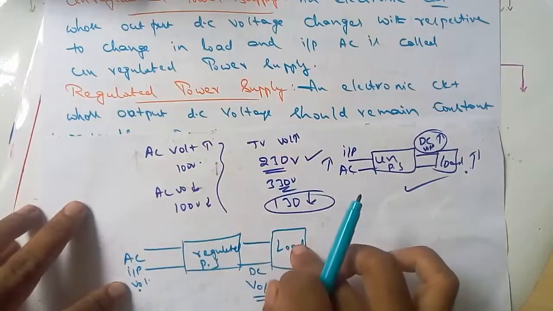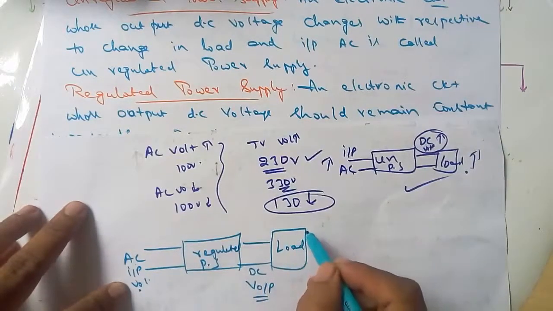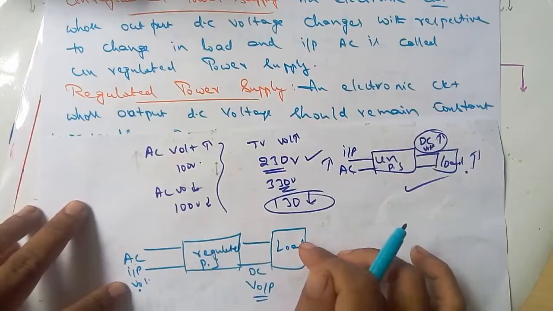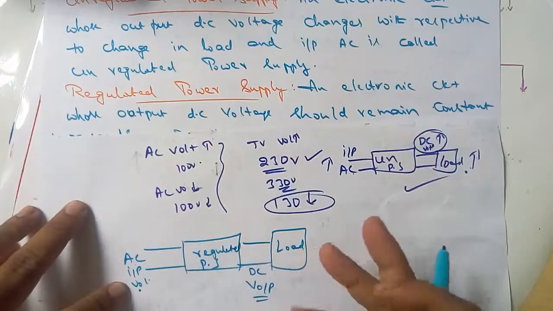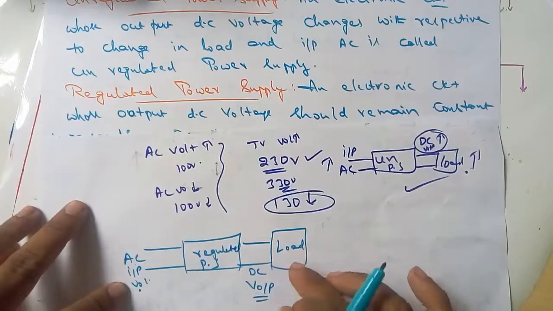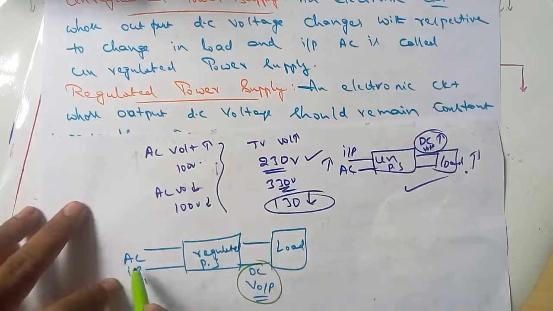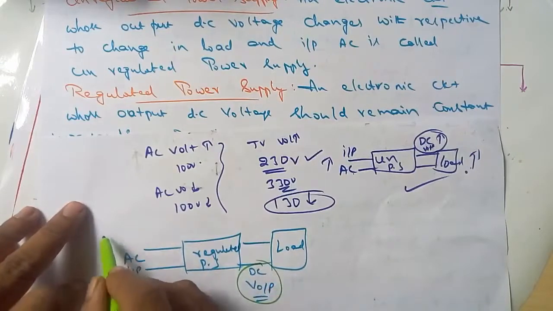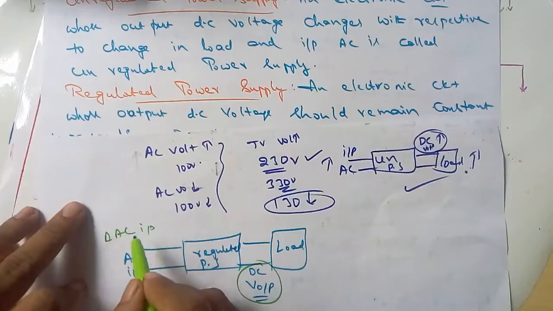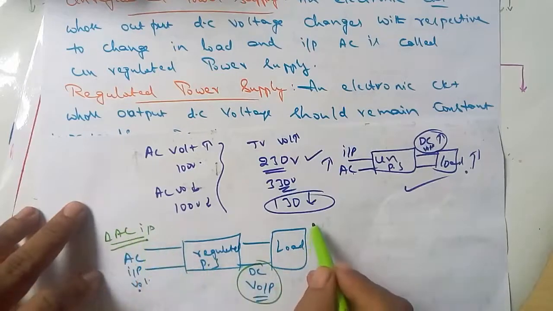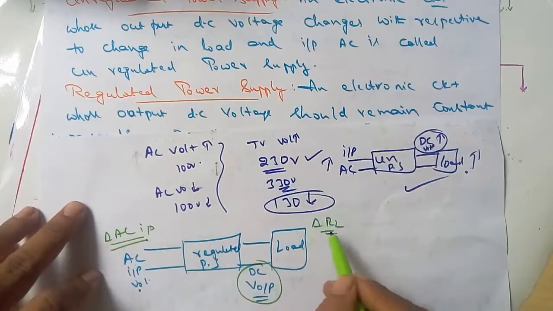For example, when the load changes, once you use a charger, another time you may use a light, another time a CD player, you are changing the load, but the output voltage remains constant. The DC output voltage remains constant even if there is a change in the AC input voltage, that is delta AC input, or a change in load resistance, delta RL.